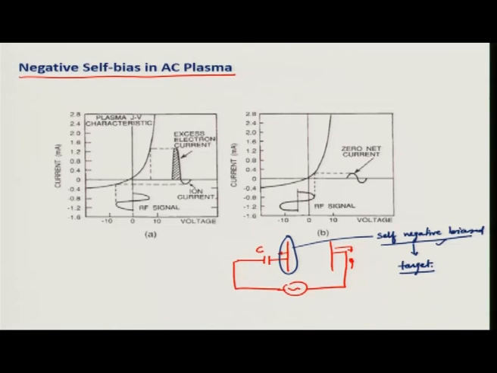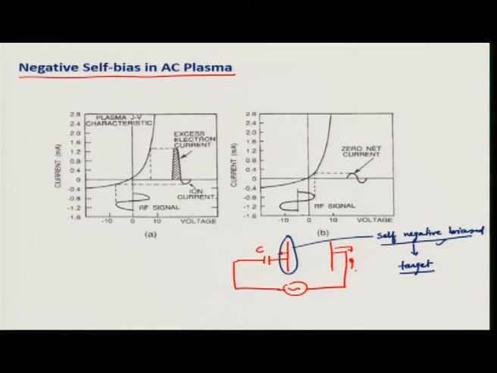Now, let us discuss this effect in these two graphs. Since we have put a capacitor on one electrode, the current flow in the outside circuit will look like a diode.